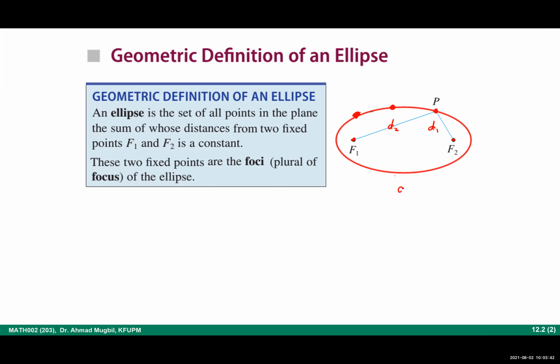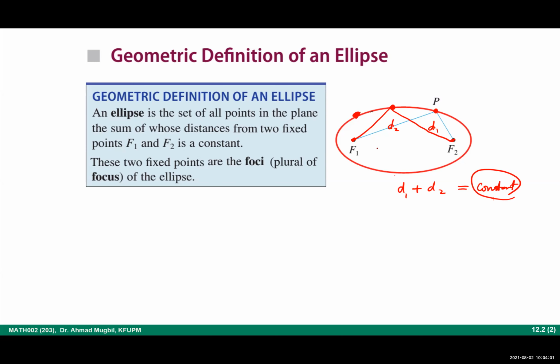If you calculate D1 and D2 and then add them, you will get a constant, a fixed number always. If you take this point and calculate the distances also, you will get the same constant.